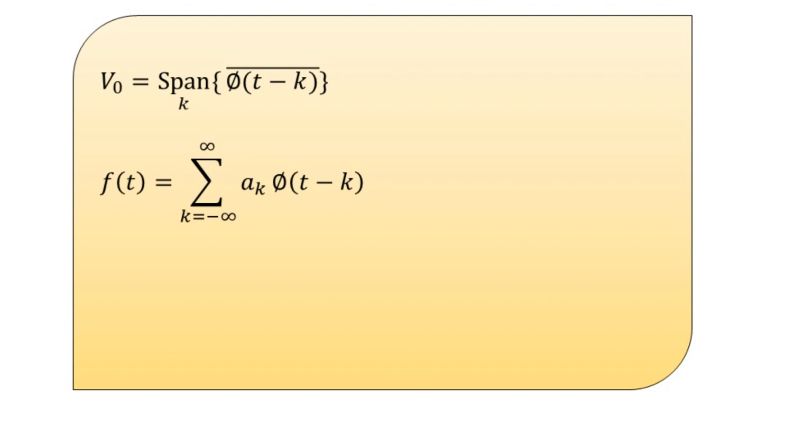You recall, phi of t minus k are the translated versions of the original Haar scaling function, which are considered as bases. Bases are completely independent and are used for representation of any sort of signal, and they are called bases only when they satisfy the property of orthogonality as well as orthonormality here.